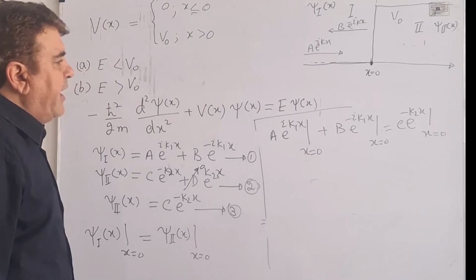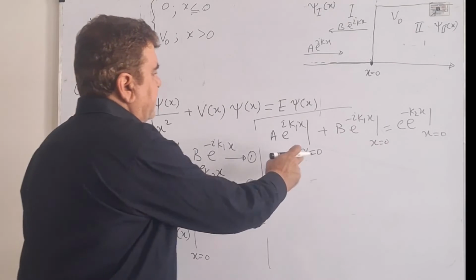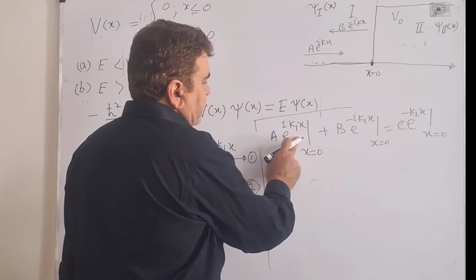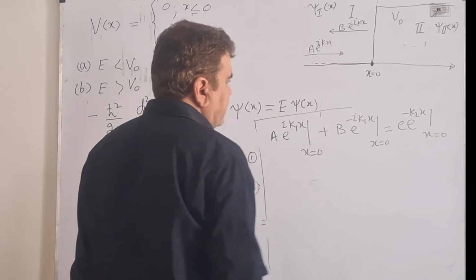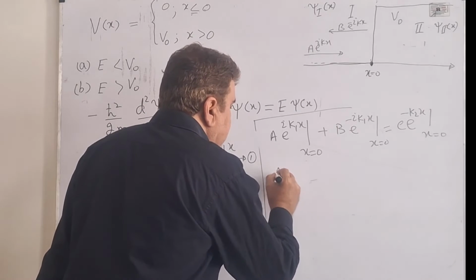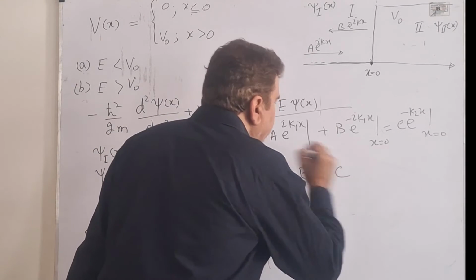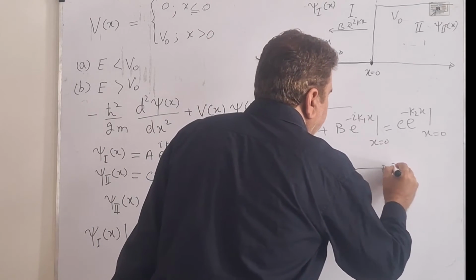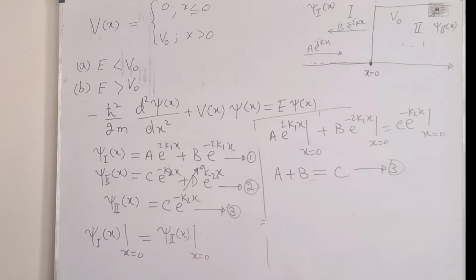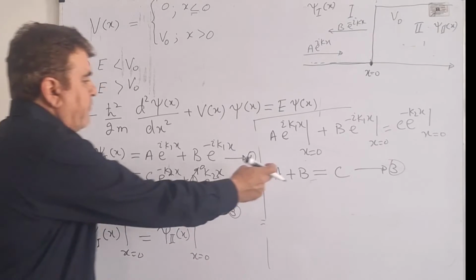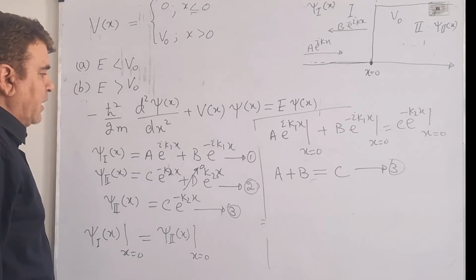If I put the value x equal to 0, the exponent here reduces to 1, this exponent reduces to 1, this reduces to 1. So I get this very fancy equation, and I call this equation 3, that links the probability amplitudes for the incident wave, for the reflected wave, and for the transmitted wave.